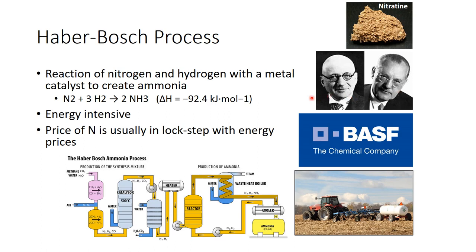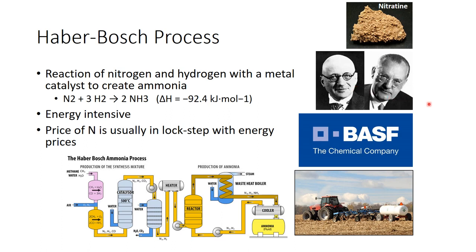Haber was a professor at some university in Germany, and he developed a way on a lab bench scale to take N2 gas from the atmosphere and turn it into ammonia. Then Bosch worked at BASF and scaled it up to eventually produce ammonia gas at an industrial scale. So we call this the Haber-Bosch process.